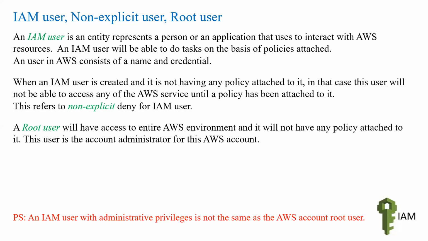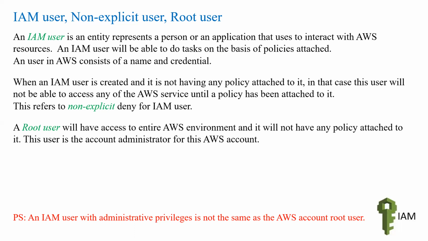So a user in AWS consists of a name and credentials. That is what we will see while creating a new user account. We need to provide the name and the password. When an IAM user is created and does not have any policy attached to it, this user will not be able to access any of the AWS services until a policy has been attached.